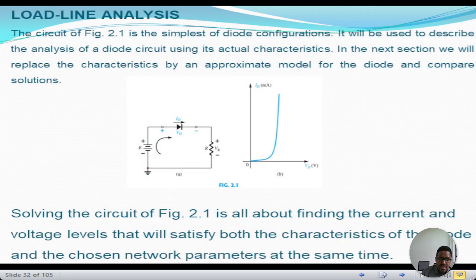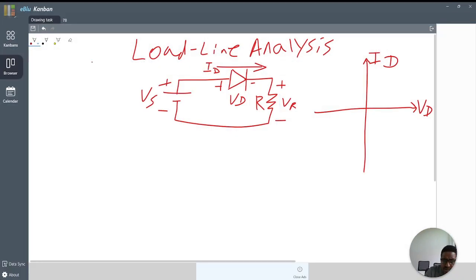So in figure 2.1 you see a simple circuit, and in figure 2.1b the characteristics of the diode. Let's see an example to determine the load line analysis.